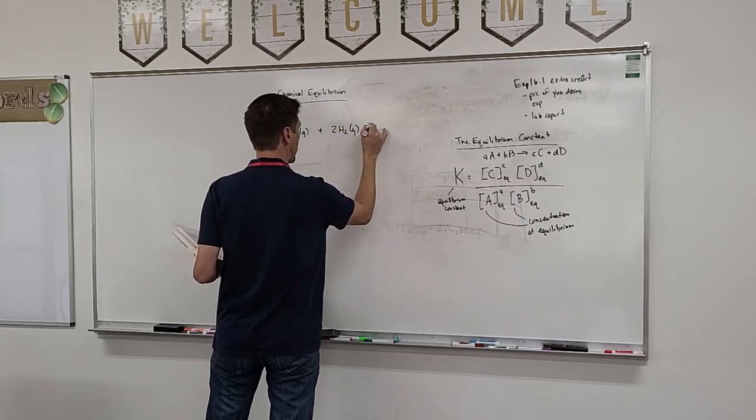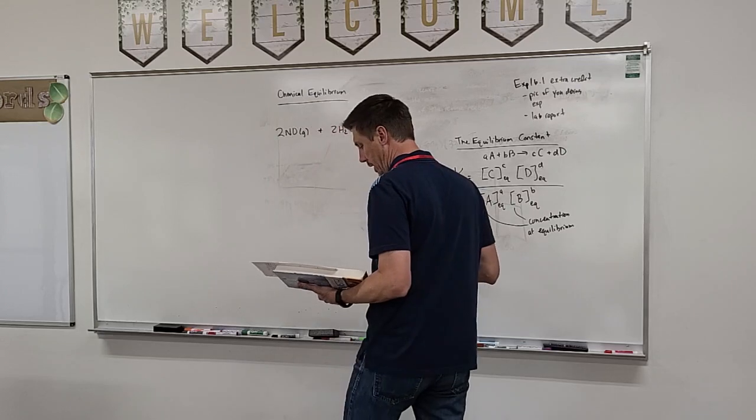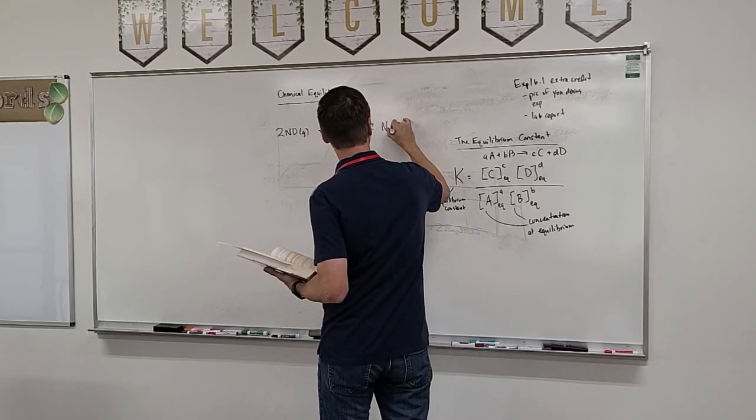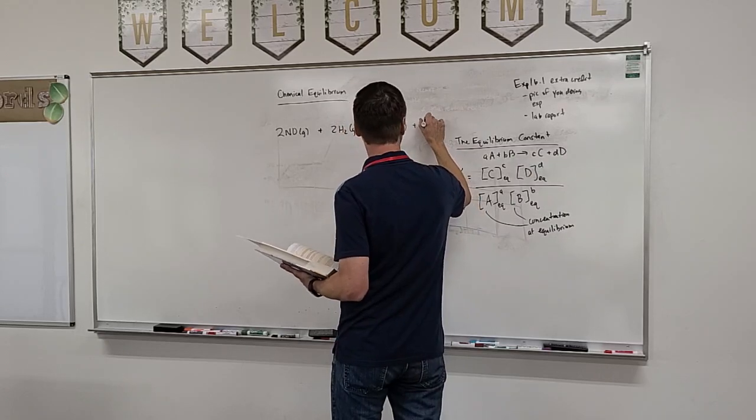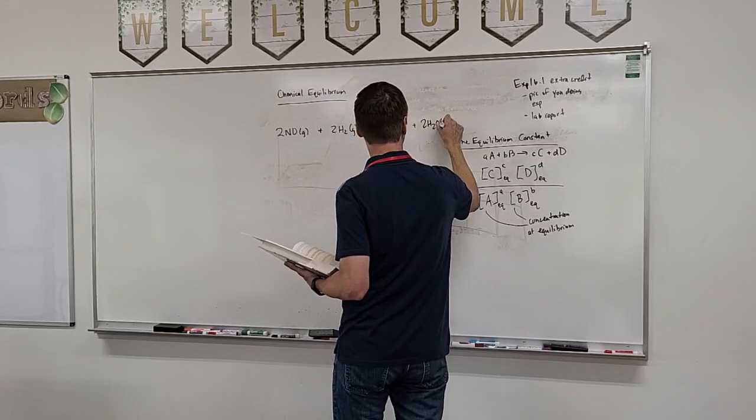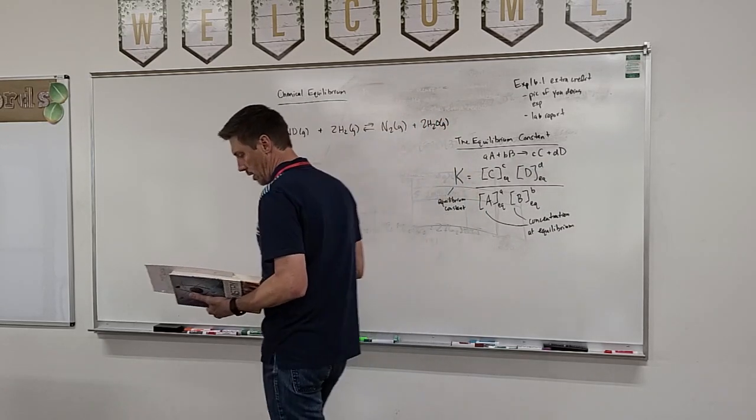They write the arrows back and forth so we know it's an equilibrium reaction. And we have N2 as a gas plus 2H2O as a gas. All right?